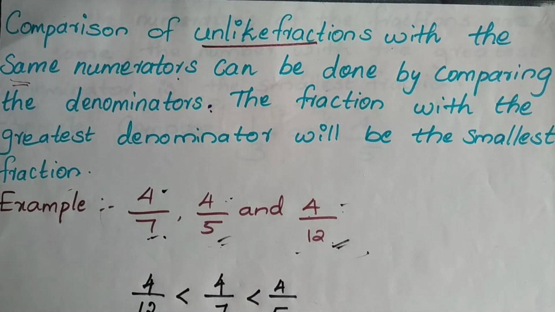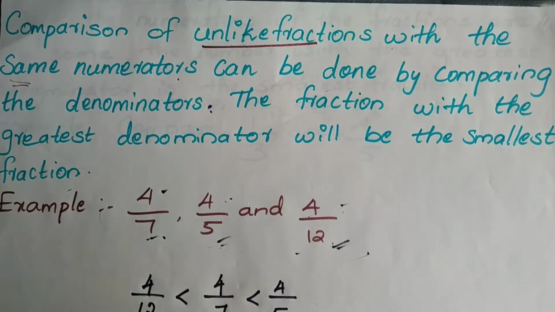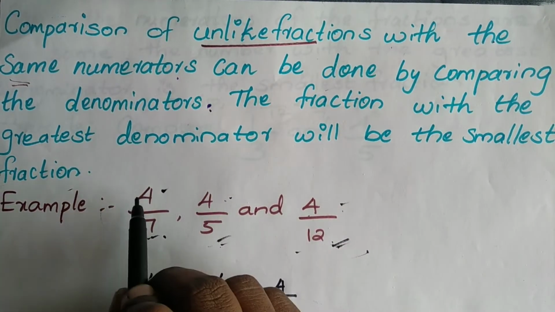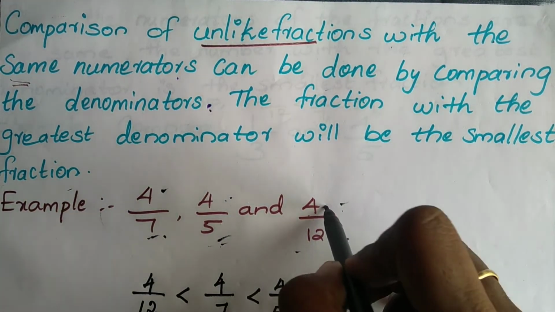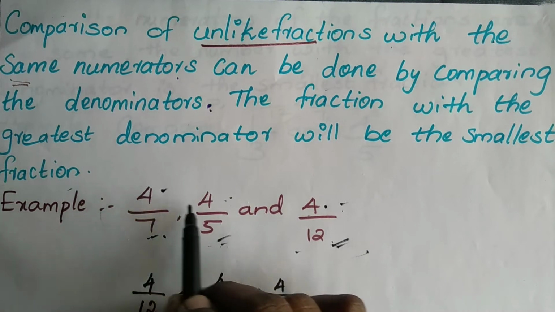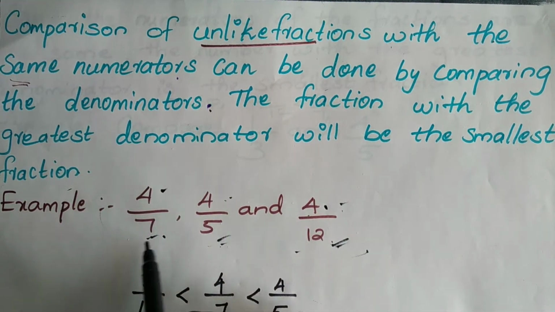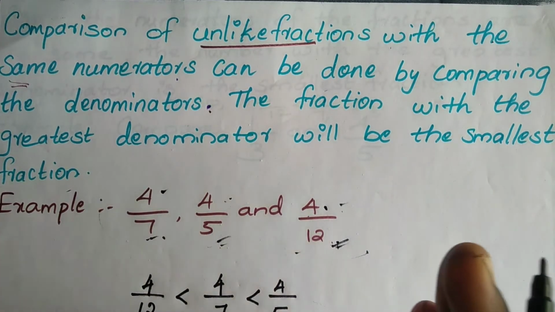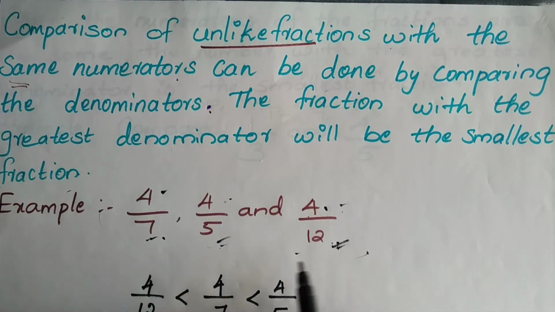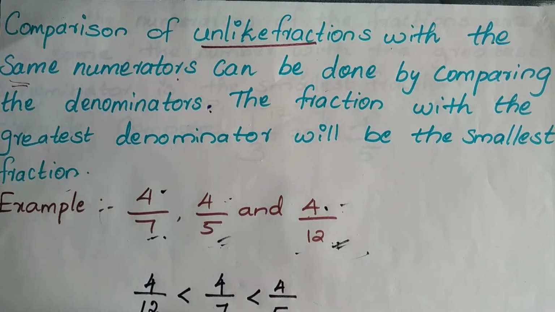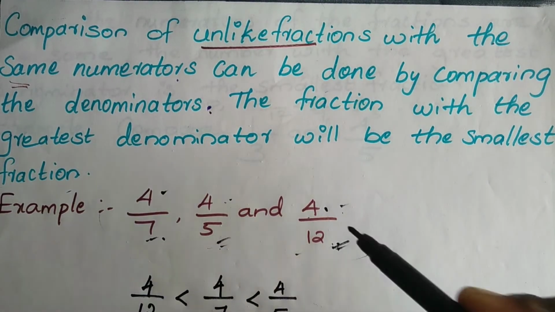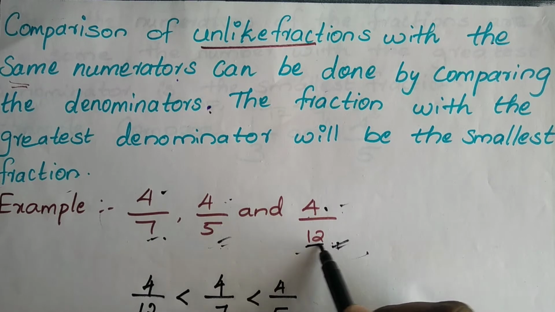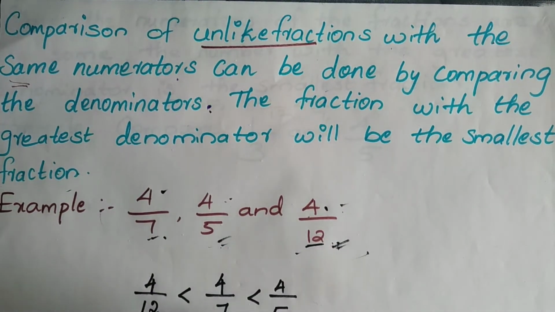Are you clear? Listen very carefully. If the numerators are the same and the denominators are different, first write the biggest denominator first. The fraction with the biggest denominator is the smallest fraction.